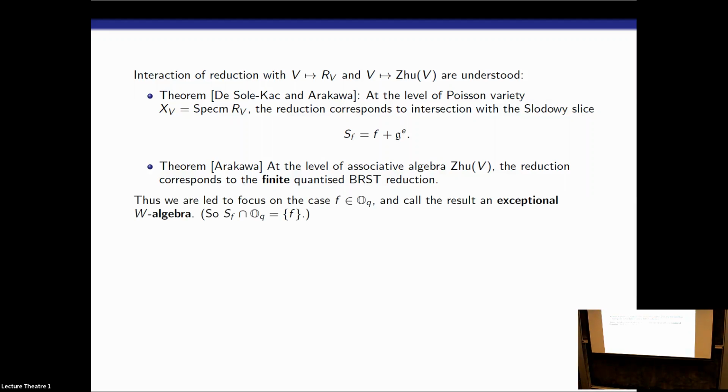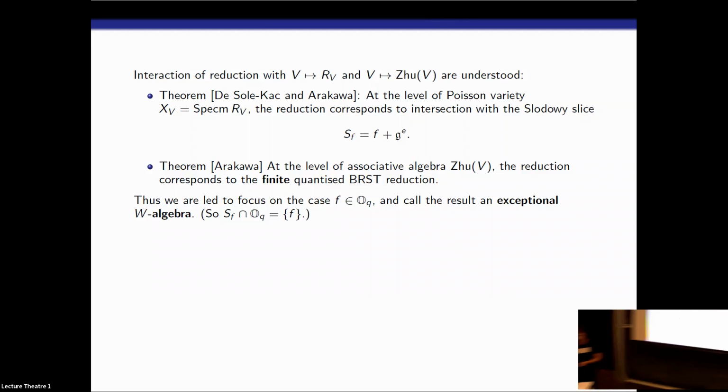So it makes sense then to focus on the case where you take the nilpotent f to lie precisely in this orbit O_q, in the interior of this orbit, not on the boundary. And we'll call the result an exceptional W-algebra.